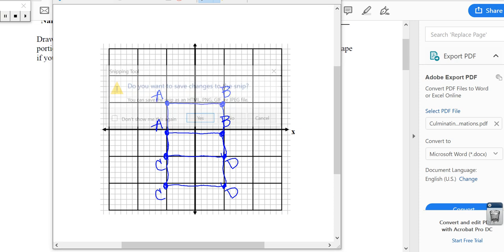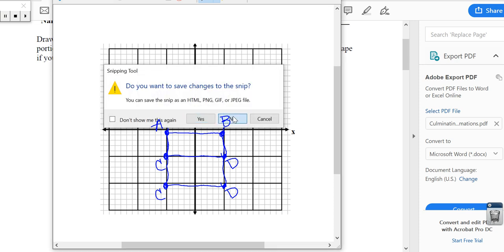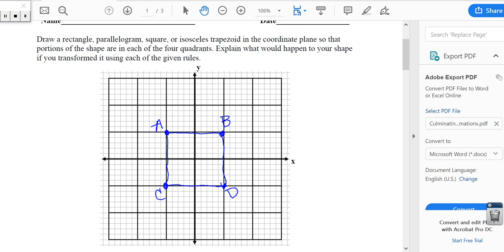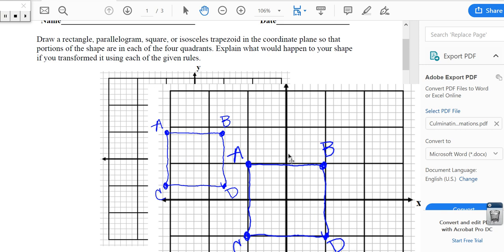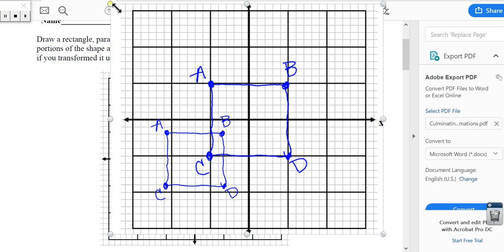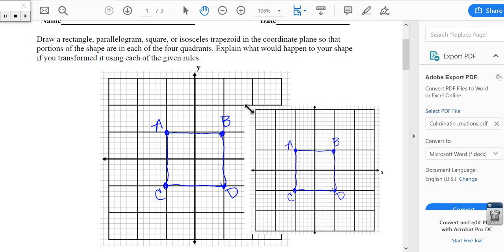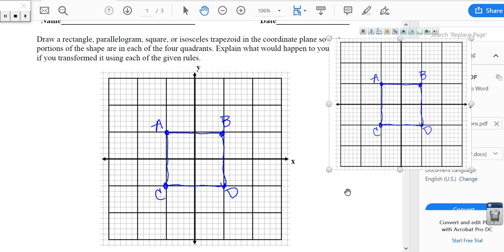Okay, I copied it. Okay, let me go down here, edit, and we are going to paste. Okay, so I got what I need. Here's my picture of what I drew, and I'll just keep this along because I know this is going to move.